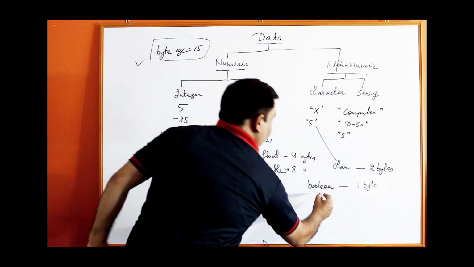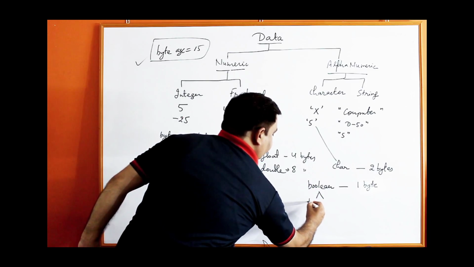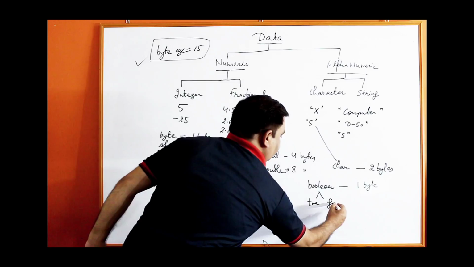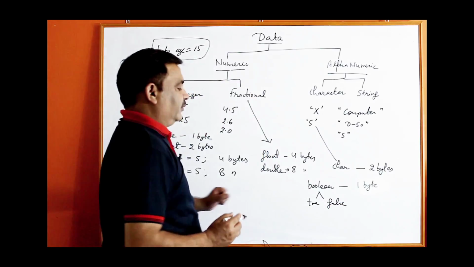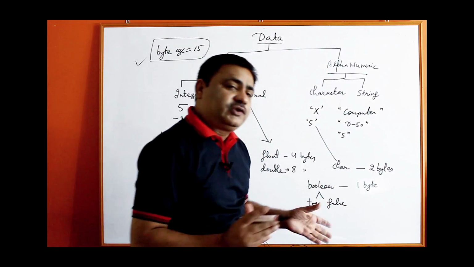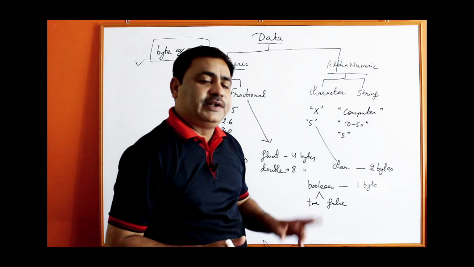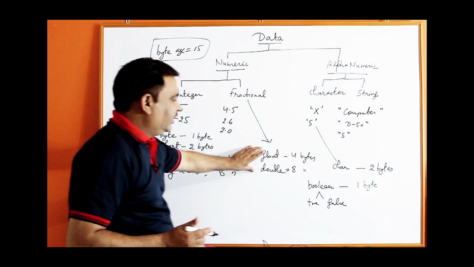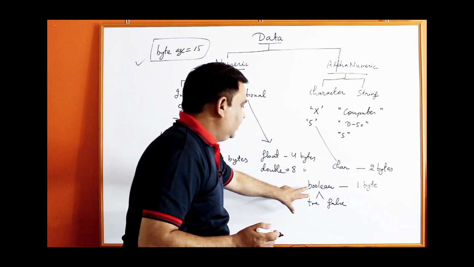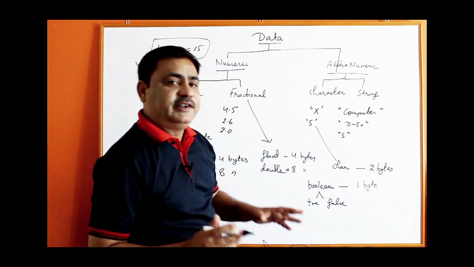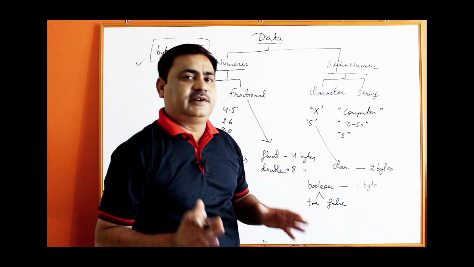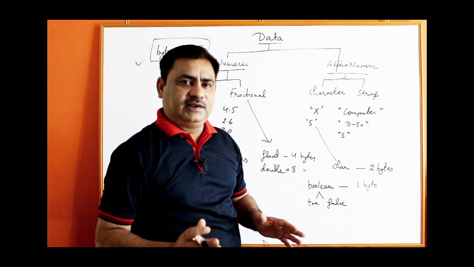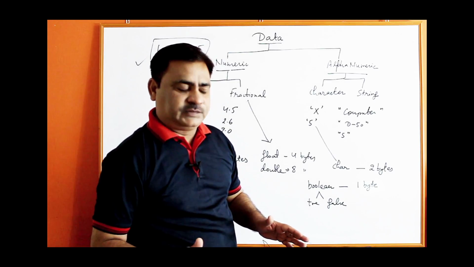So a boolean variable stores either true or false. There are 2 boolean constants which Java provides, true or false. You can't store 0 or 1 in such variables. You can use either true or false. So these are the 4 plus 2 is 6, plus 1 is 7, and then 8. There are 8 data types, called primitive data types, which are provided by Java.